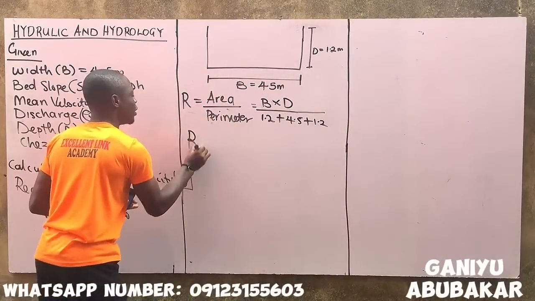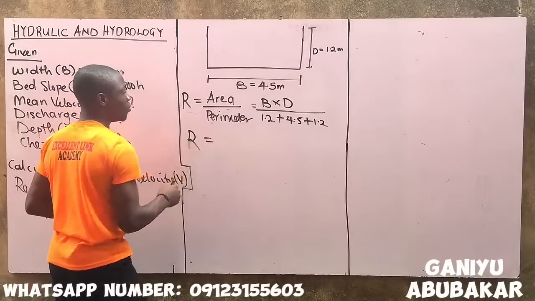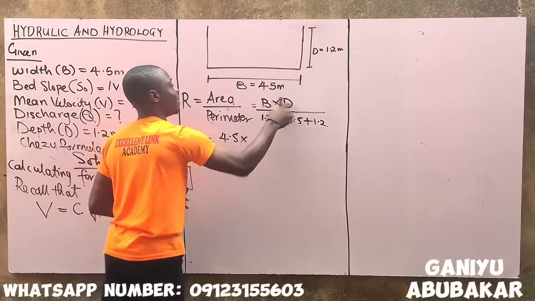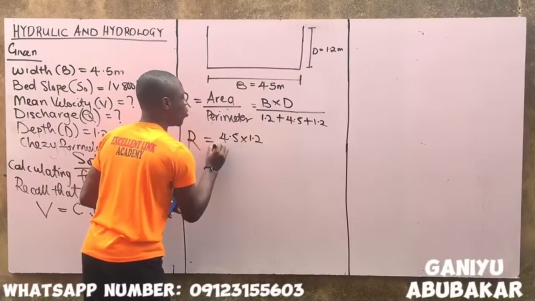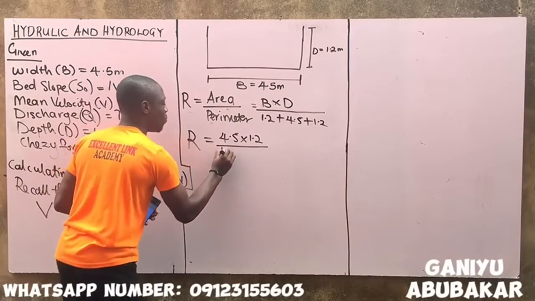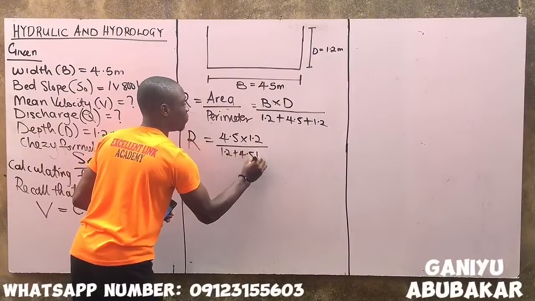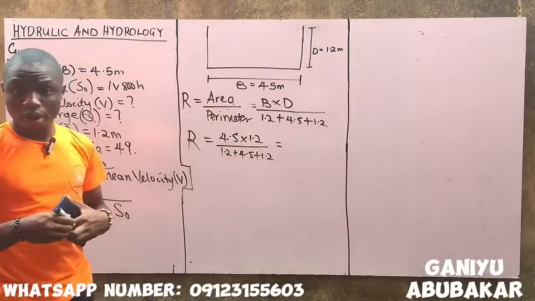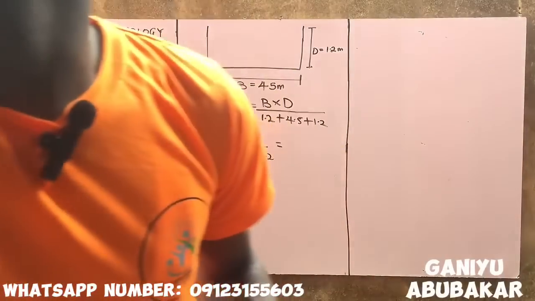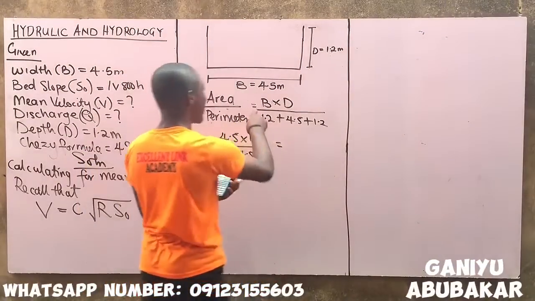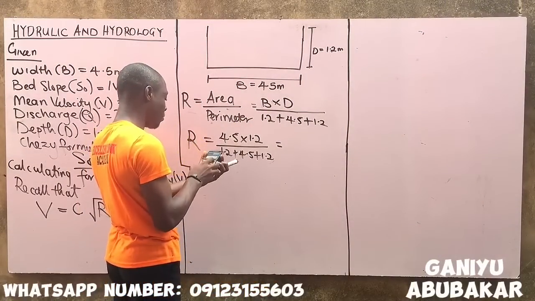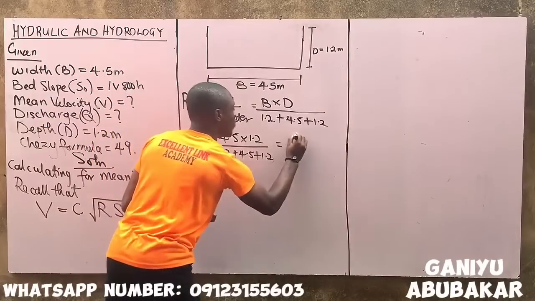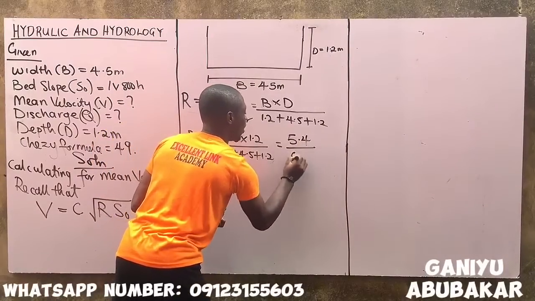So my hydraulic radius, which is R, is equal to the area, 4.5 multiplied by depth, which is 1.2, all over 1.2 plus 4.5 plus 1.2. If I multiply my numerator, 4.5 times 1.2, I'll have 5.4 all over 6.4.